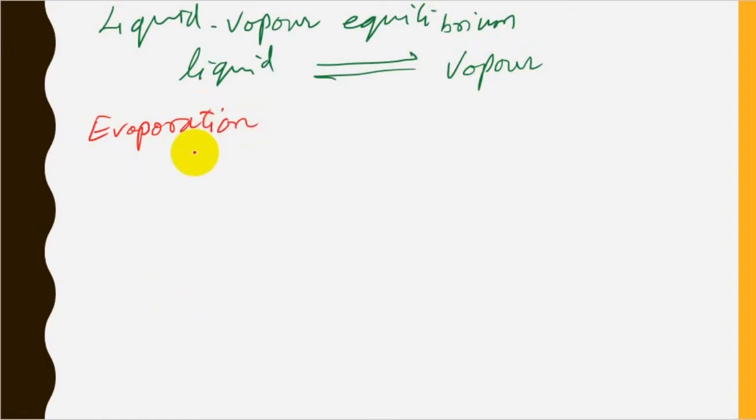Liquid to vapor means evaporation. We are not talking about boiling, because boiling takes place at a higher temperature, isn't it? And it is a rapid thing. Evaporation can occur at any temperature. So here there is no restriction of temperature. Equilibrium occurs at all temperatures.